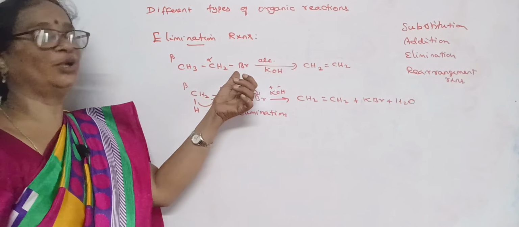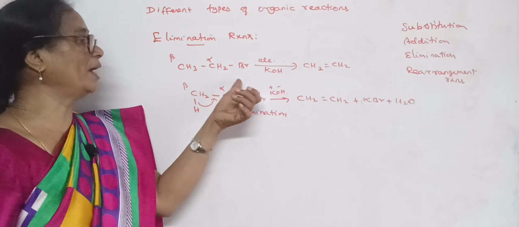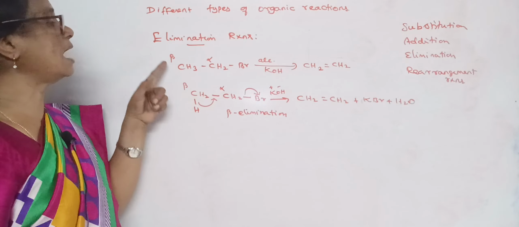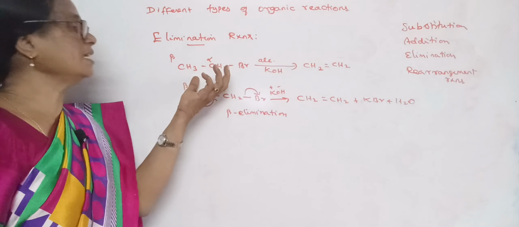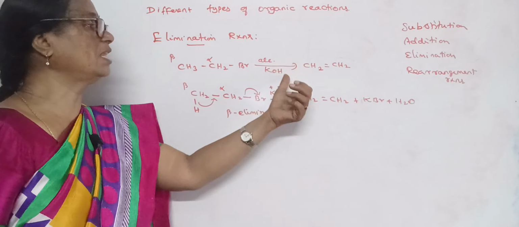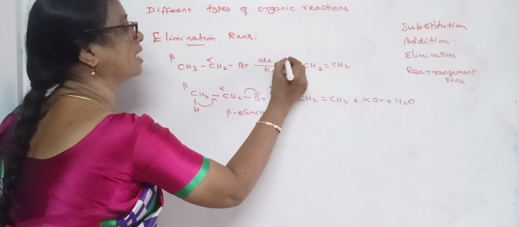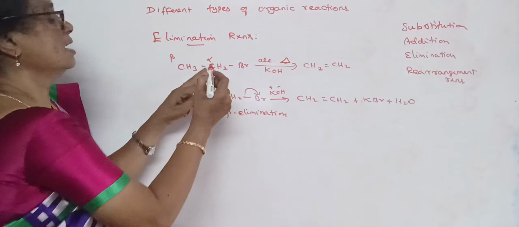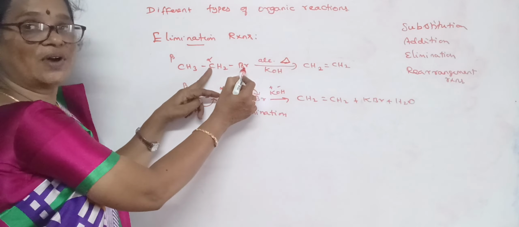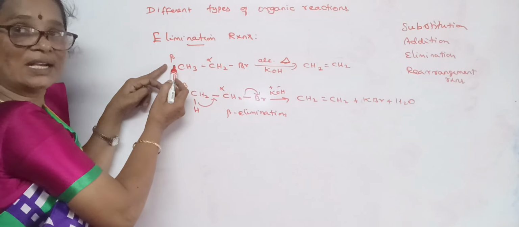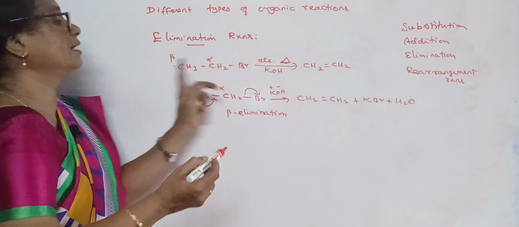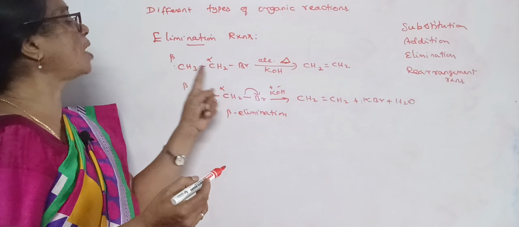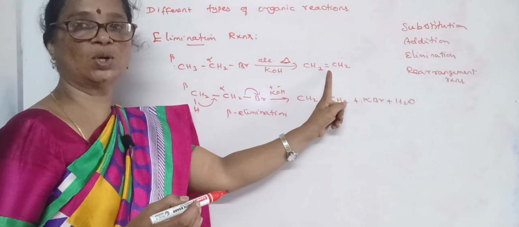So in this bromoethane or ethyl bromide, I have the halogen at the alpha carbon and 3 hydrogens at the beta carbon. When this ethyl bromide is treated with alcoholic potassium hydroxide, the mixture is to be heated. Upon heating, the removal of halogen from the alpha carbon and the removal of one hydrogen from the beta carbon take place simultaneously, and hence the carbon-carbon single bond changes into a carbon-carbon double bond.